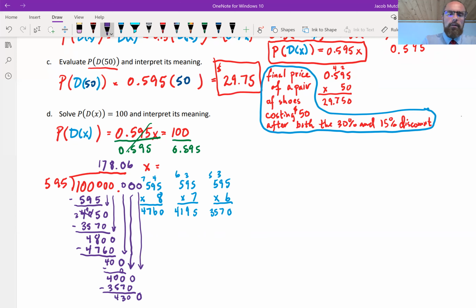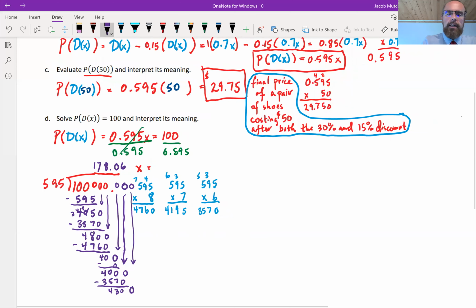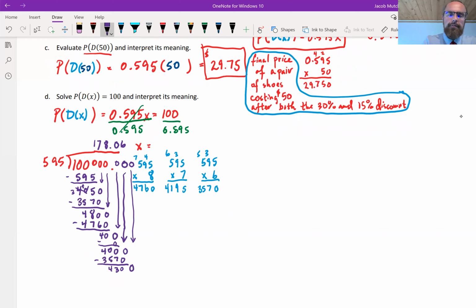And again, if I look at my products there, I see that 595 times 7 will fit right under that. And that's going to be 4195. But I can end my division there. I see that it is going to keep going, but that allows me to round up to 179. I'm sorry, 178.07.